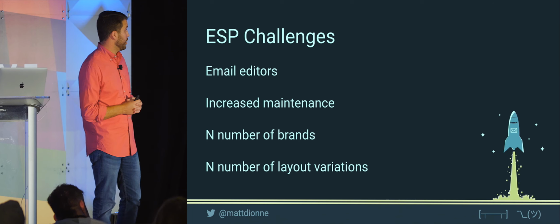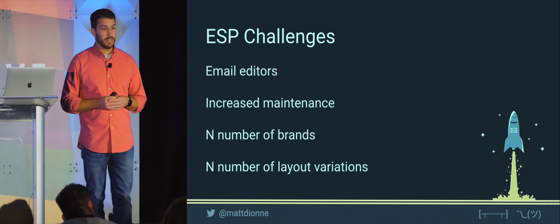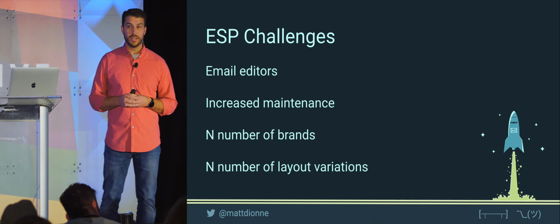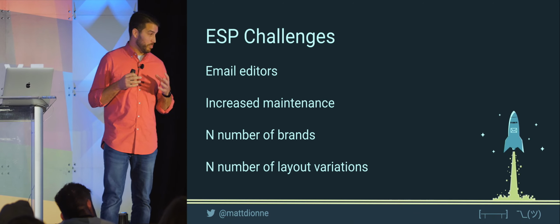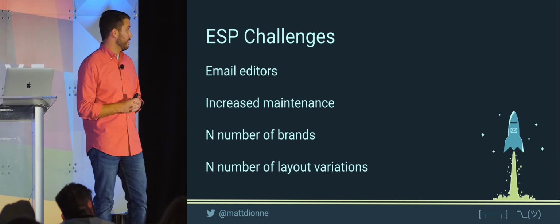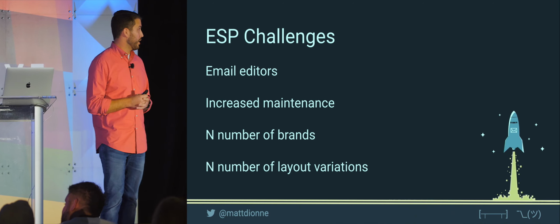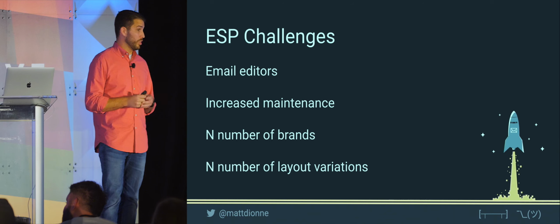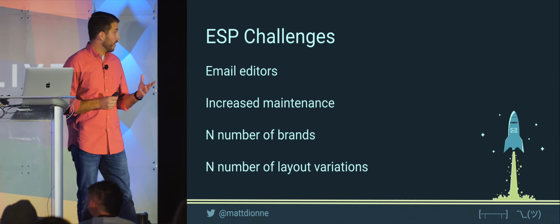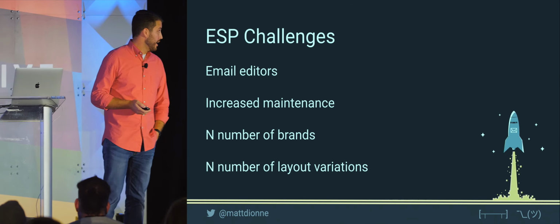We also have an increased burden of maintenance on those templates because every customer, when they go to a template picker, expects that markup that's going to be in that email is going to be the latest and greatest, always up to date. And so we need to make sure that those templates, which live around for a long time, are able to get those changes.